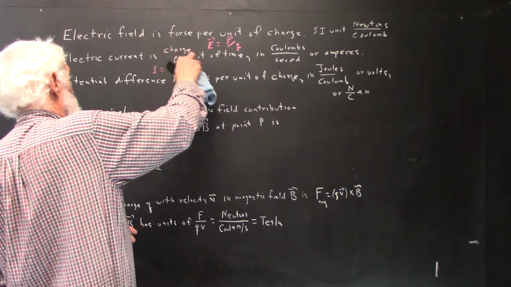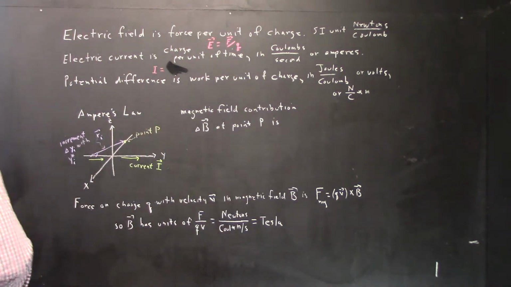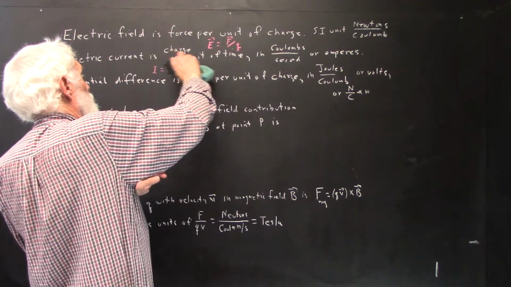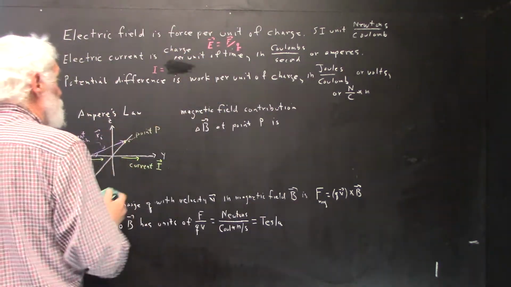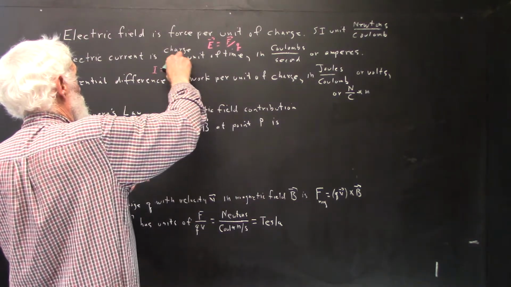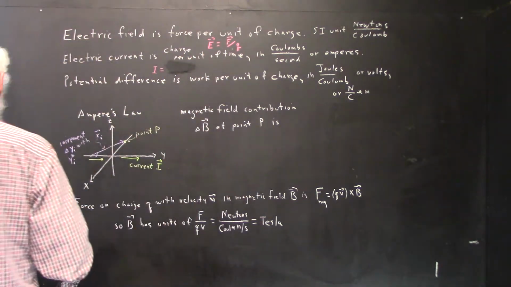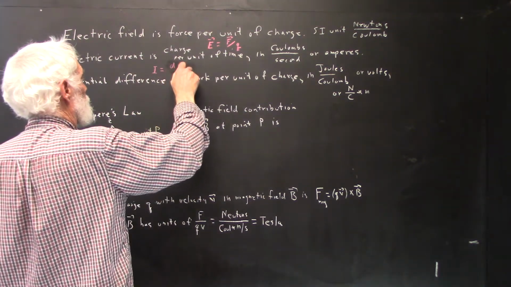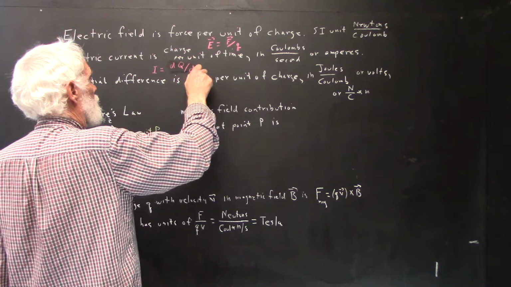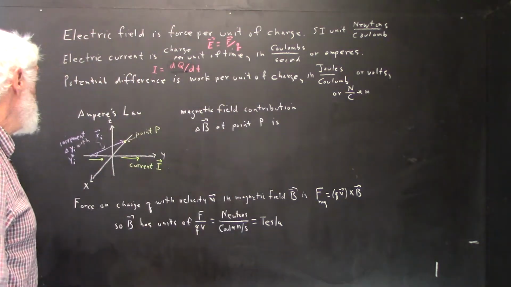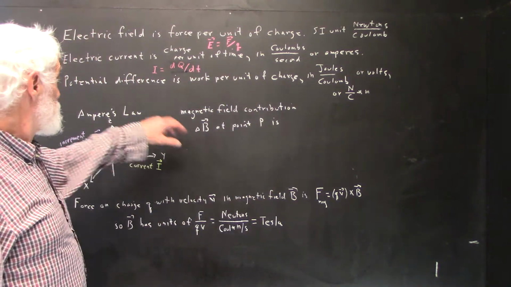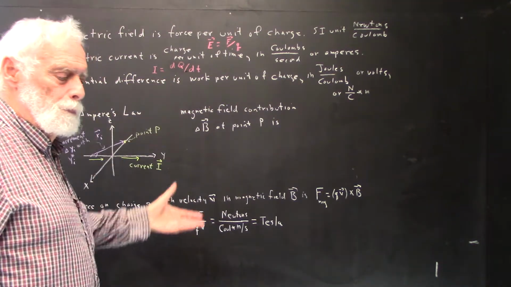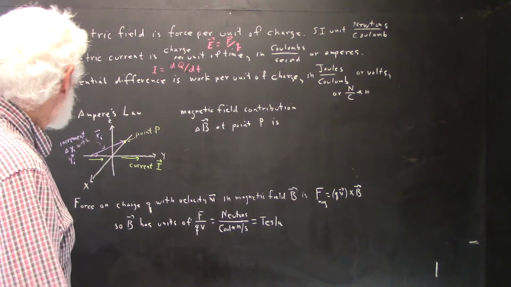What I want to write this as is delta Q over delta T. And actually, since current can be time varying, with the audience I'm addressing, it's clear I can write that dq dt. The audience I'm addressing is a student who's been through multivariable calculus.